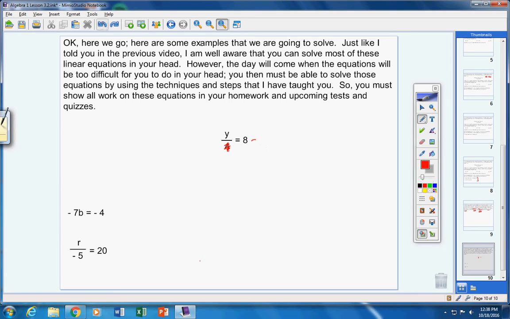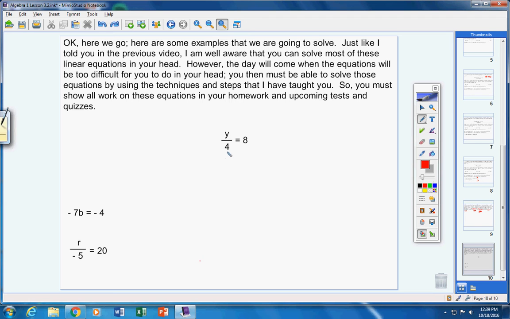Because if you do that, you're moving part of a term. This is one whole term right here. And you cannot split up a term when you're moving things. So we're going to have to do something else besides move. Okay? We're going to use opposite operations. What is the 4 doing to the y? It's dividing.